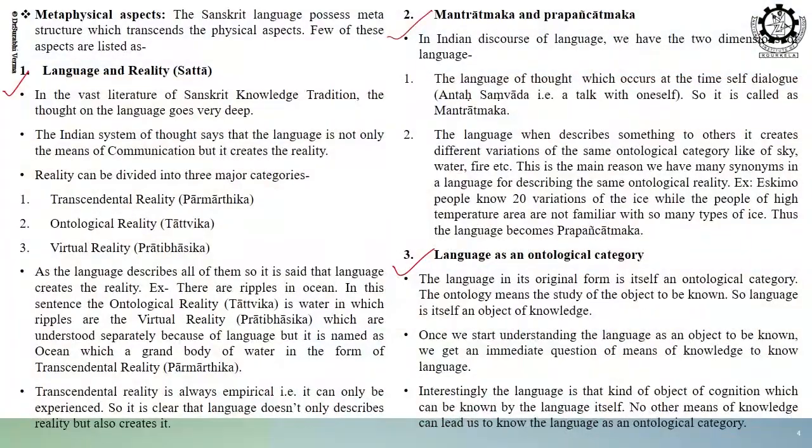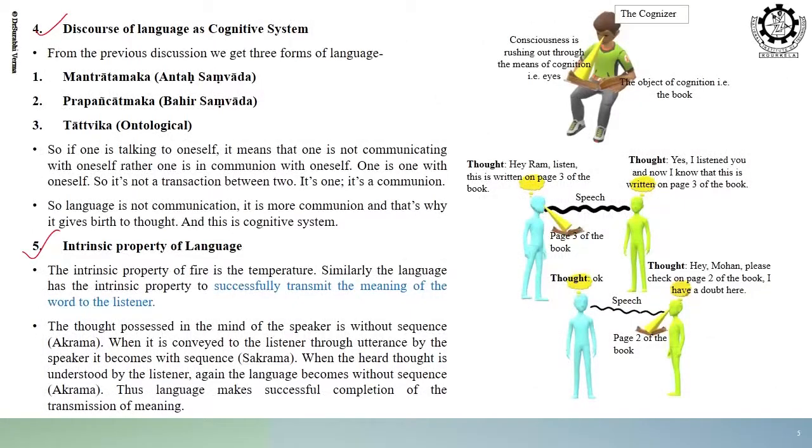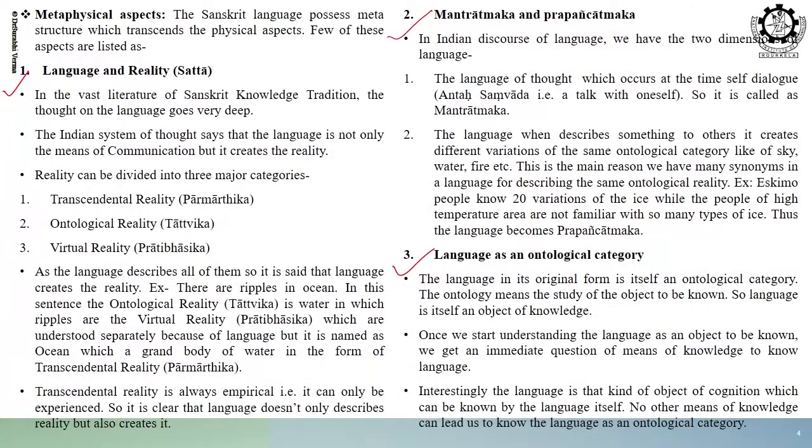Third is language as an ontological category. This is a very important notion, so I will take time to explain it. Fourth one is discourse of language as a cognitive system, and fifth one will be the intrinsic property of language. So basically our course is going to revolve around these 5 base concepts, fundamental concepts.